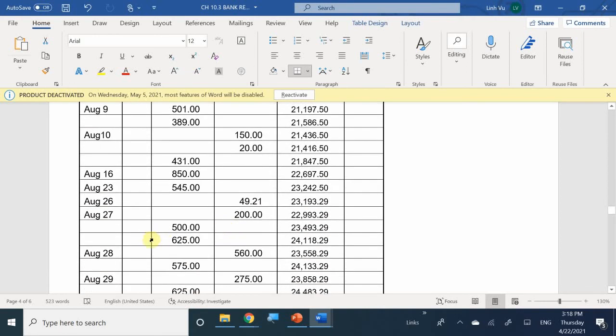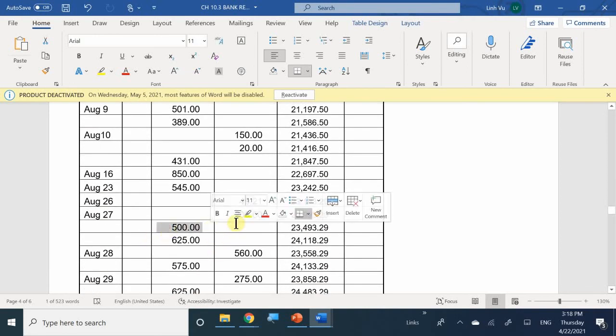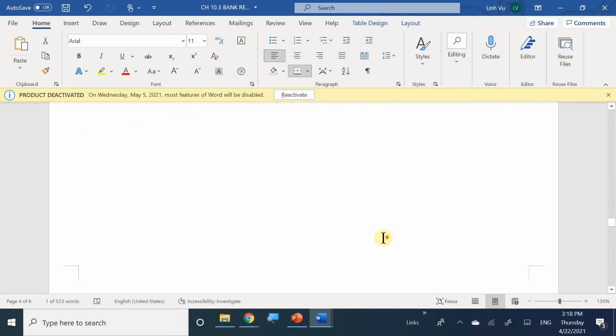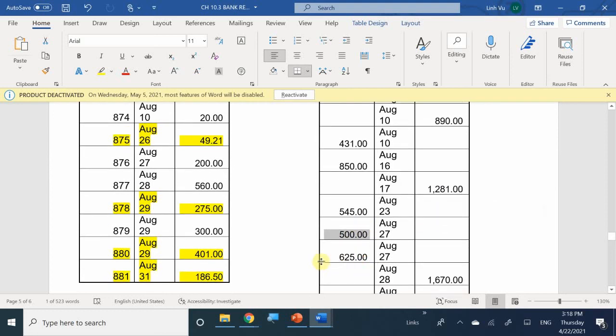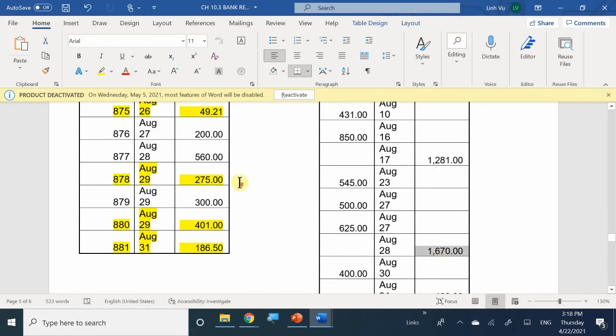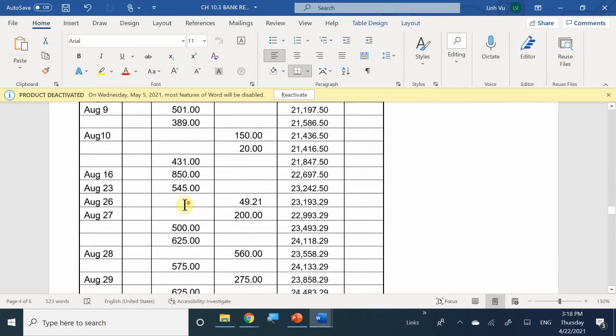Here's the extra $500. Did we deposit this $500? We combined it with the previous 545 plus 500. We even deposited the additional $625 for a grand total of $1,670, and that actually cleared. Let's take a look at our ledger one more time.